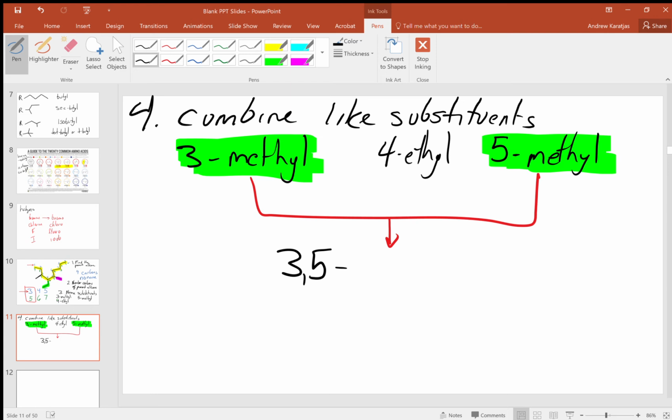Now since there's 2 of them, we need to specify that there's 2 of them. So we do that with the prefix di, dimethyl. So what this is telling us is that we have a methyl substituent. The dimethyl actually tells us we have 2 methyl substituents, and the 3 and the 5 tell us that of those 2 methyl groups, one is on carbon 3, one is on carbon 5.